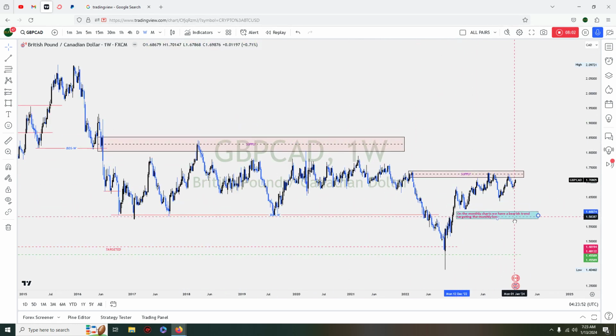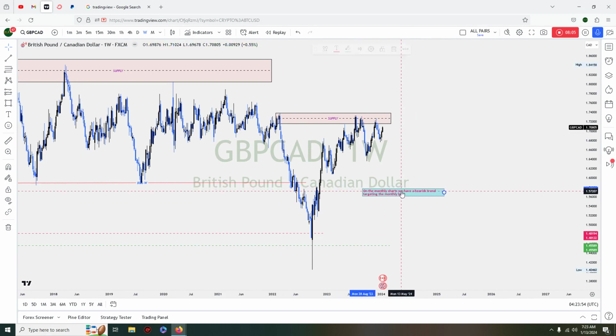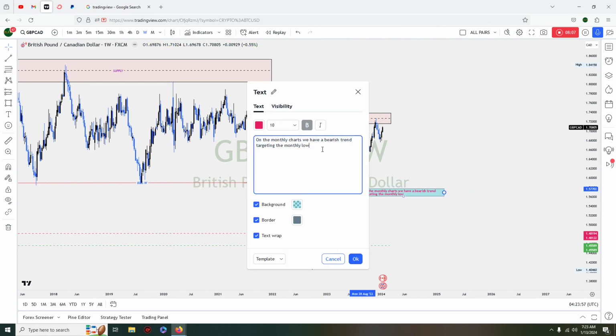So we'll take our notes and update our notes. So on the weekly charts, we have, let me call it, a bullish correction that has cleared a previous imbalance or inefficiency.